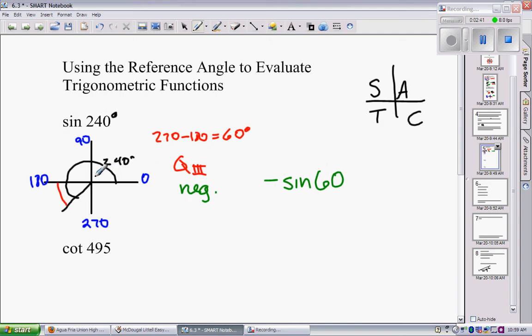The important degree markings were 30, 45, 60. We're up here. Use the left-hand trick. You get the point to be 1/2, root 3 over 2. We want the y value for sine, and we want it to be negative, so it goes to negative root 3 over 2.